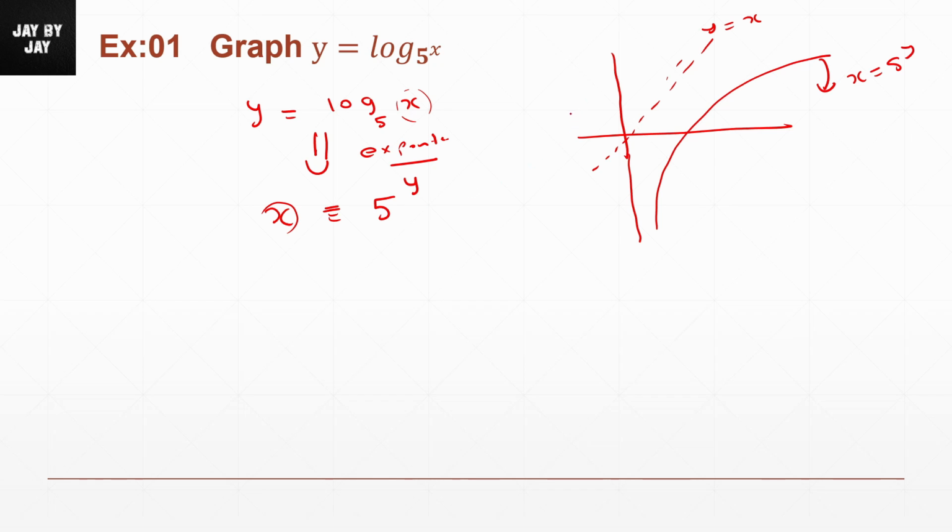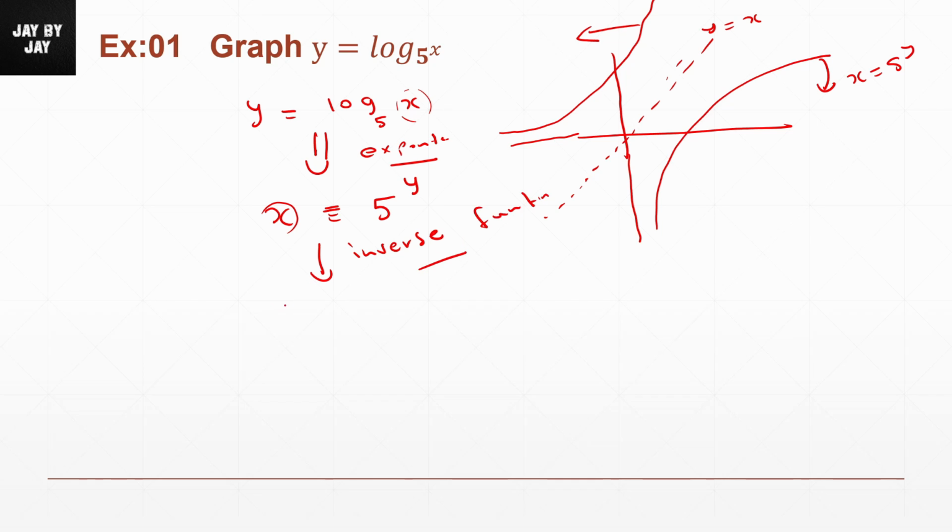But you can use another method: if you find the mirror part the other way, it looks like this. The inverse of this one, you can notify like this.